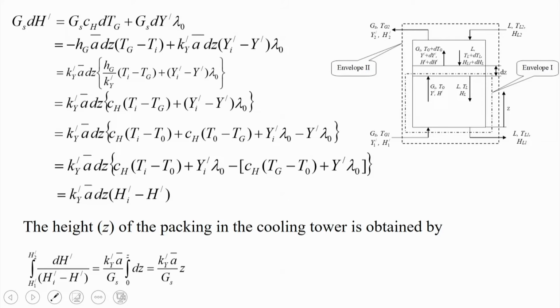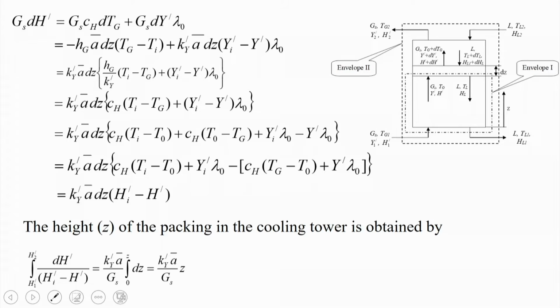By manipulating this, we ultimately get Ky prime into A bar into dz into [Ch into (Ti minus T0) plus Ch into (T0 minus Tg) plus yi prime into lambda 0 minus y prime into lambda 0]. And from there we ultimately get Gs into dH prime equal to Ky prime into A bar into dz into (Hi prime minus H prime).